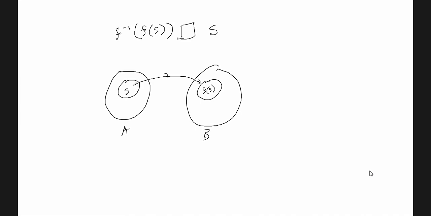You would look at that and go, oh, no, wait a second. There could be something out here going into here. So there might be things in this pre-image that weren't in the original set. So you would have to know that this is actually a superset. S is certainly in it, but it's a superset of S. So you might need to do a diagram like this to answer the question.